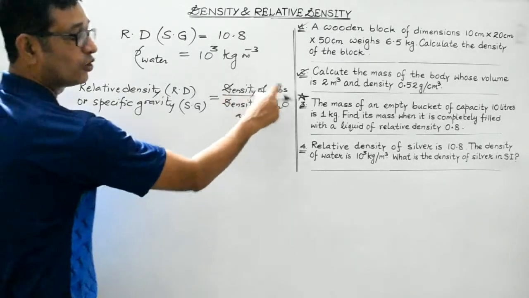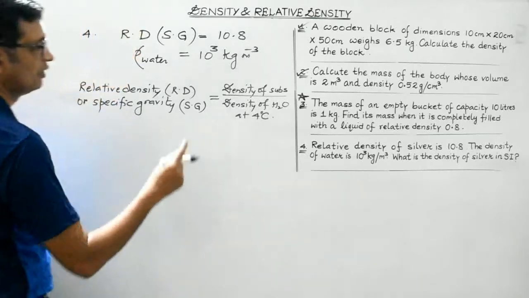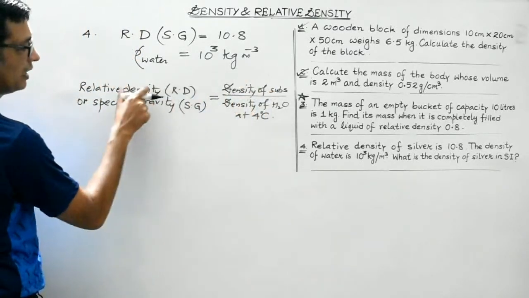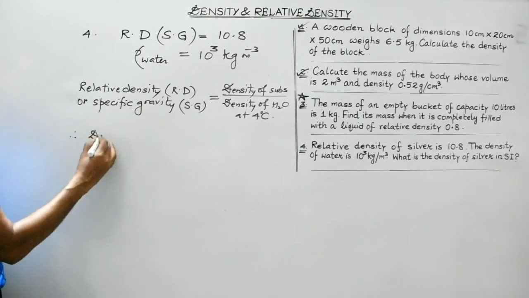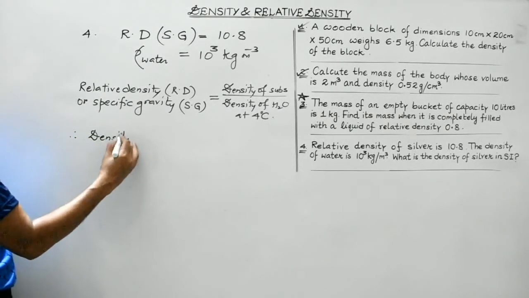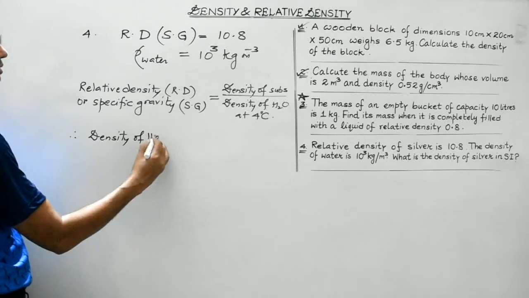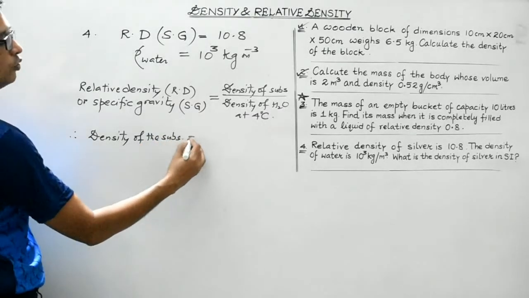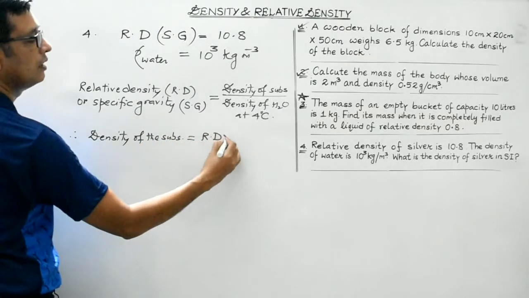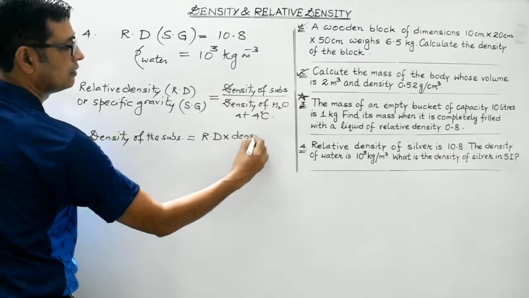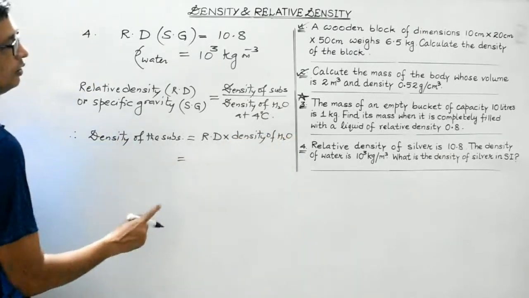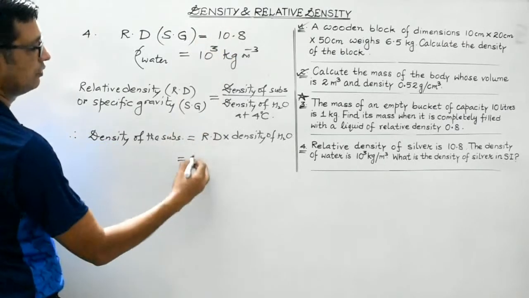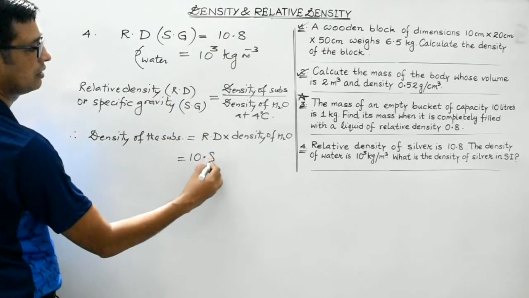We are supposed to find out the density of the substance. So therefore, density of the substance would be relative density multiplied by density of water. So students, relative density of the silver is given to be 10.8.